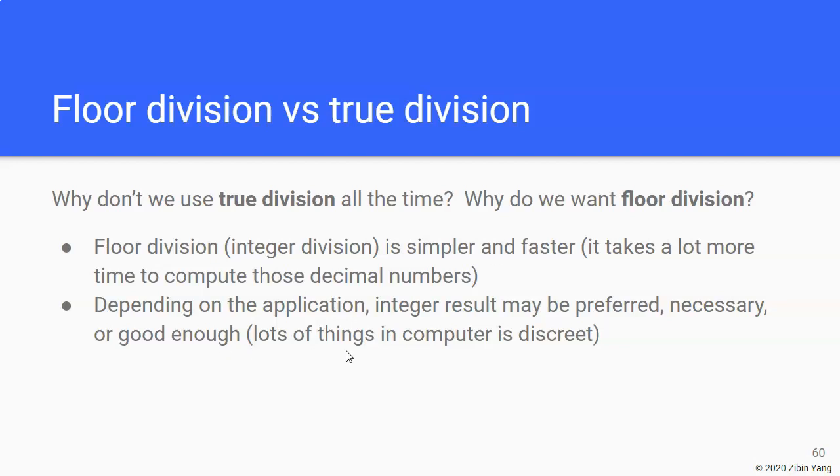And the second thing is, depending on the particular application you're using the divisions in, integer results might actually be preferred, might even be necessary, or if neither of those, it might be good enough, because it might not be obvious at this point, but a lot of things in a computer are discrete. To give you an example, the screen that we're looking at right now is composed of a lot of pixels, right?